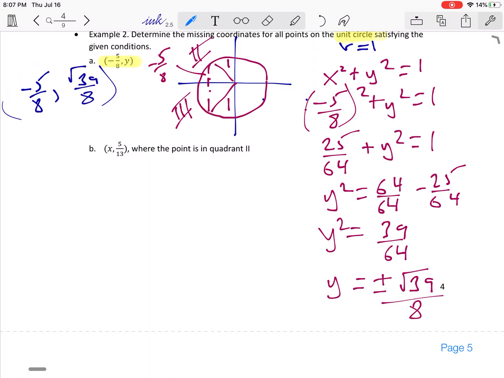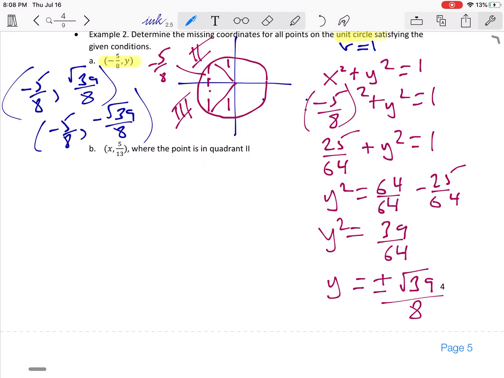So that's one coordinate, and then the second coordinate will be negative 5 over 8, minus root of 39 over 8. Again, the reason why we've got two y answers is because the two y answers exist with that negative 5 over 8. So make sure when you plot your points, you know what quadrant you're in.